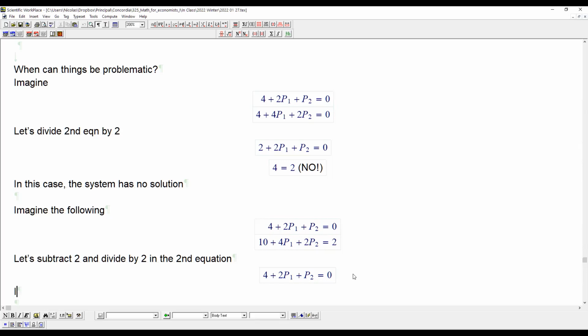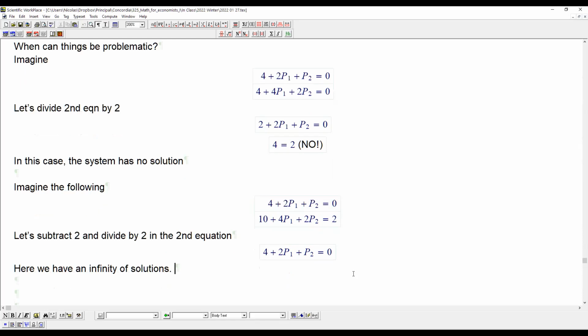So here we have an infinity of solutions.